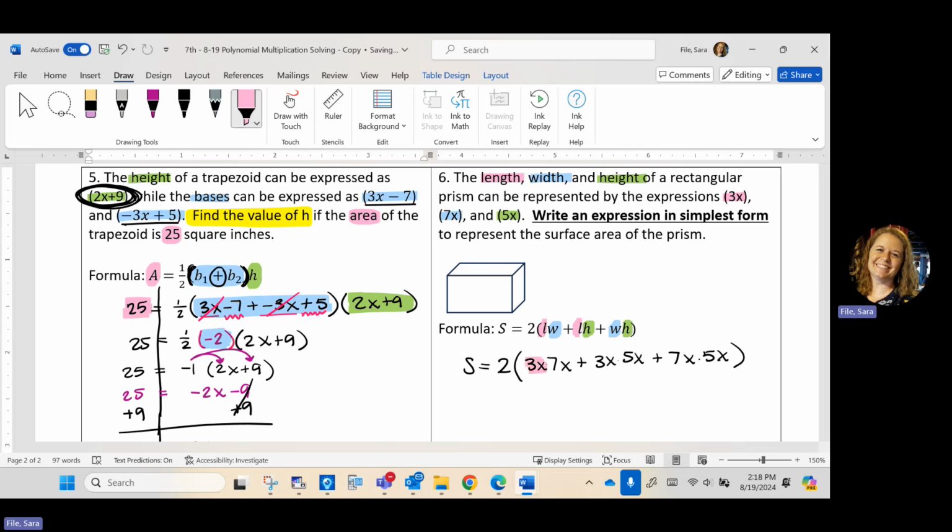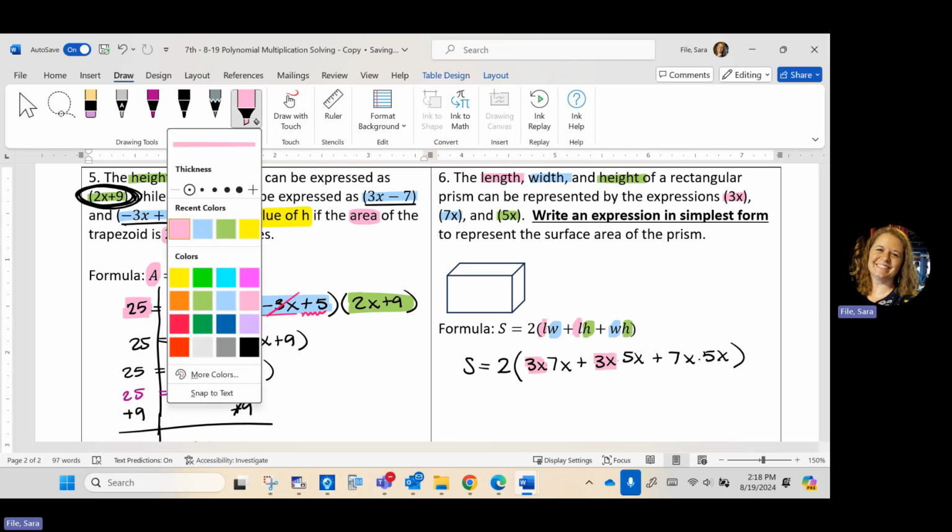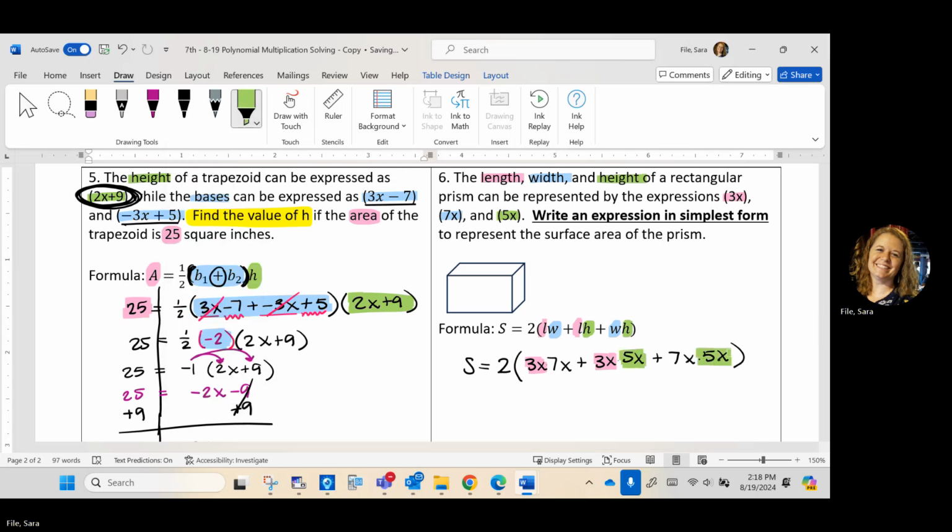Because these are the substitutions I made. Now, I can simplify this.